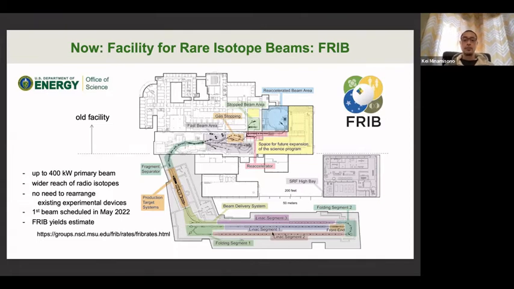That will give us a much wider range of access to radioactive isotopes, and hopefully give us more opportunity for discoveries. The first beam is actually scheduled for next month, May 2022. So we're very excited about it. And if you are interested in running an experiment at FRIB, there is a nice website that gives you the estimate of the production rates of your favorite isotopes.